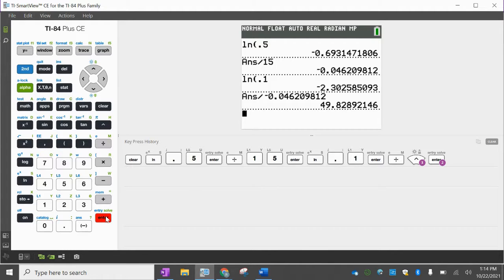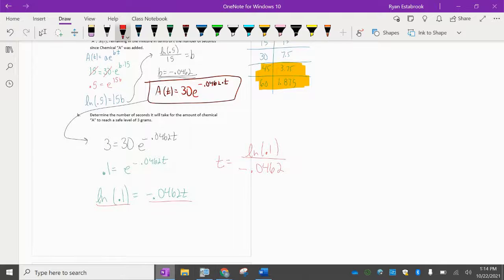And it's telling me 49.8 seconds, which is so close to the prediction we had a second ago. She said it's about 50 seconds by looking at the table, and that's pretty accurate. About 49.8 seconds is when the amount of chemical A will be below 3 grams.